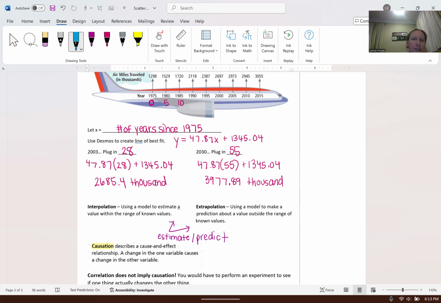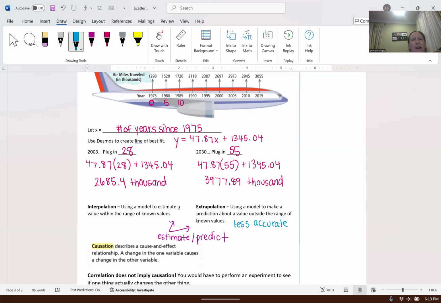I will note that this one is less accurate because once you go beyond the scope of data, things can change. Just think about 2020, which would have been the next data point. We all know a global pandemic hit and people weren't really flying anywhere. So if you added 2020 into this data, its numbers would probably be far below where you would have expected them to be based on the trend that's going on.